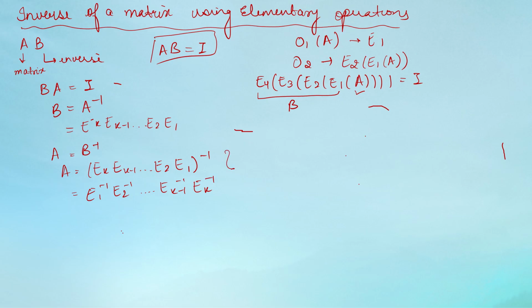So this is the representation of a matrix using elementary matrices. And earlier what we had seen was the representation of inverse using elementary matrices. I hope this is clear.